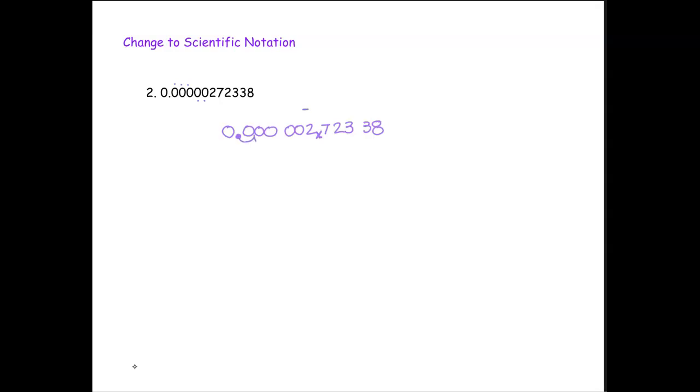So I got 1, 2, 3, 4, 5, 6 bubbles. So I have 2.723338 times 10 to the 6th. And here's where I got to ask myself again. Is my beginning number a big number or a little number? And since it's a really little number, I know that my exponent is going to be negative.